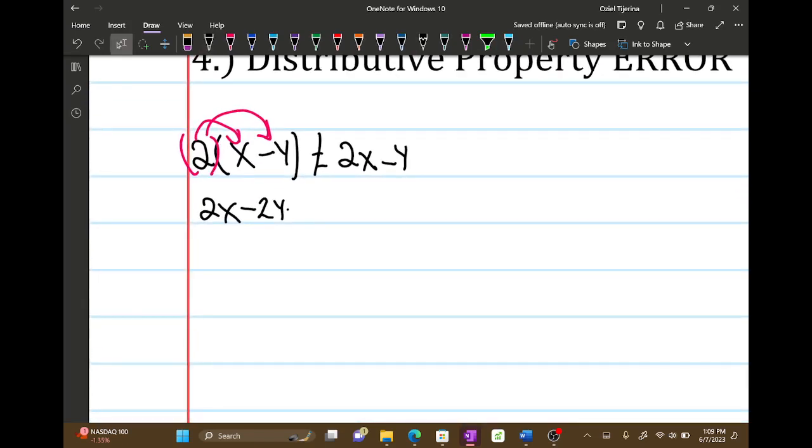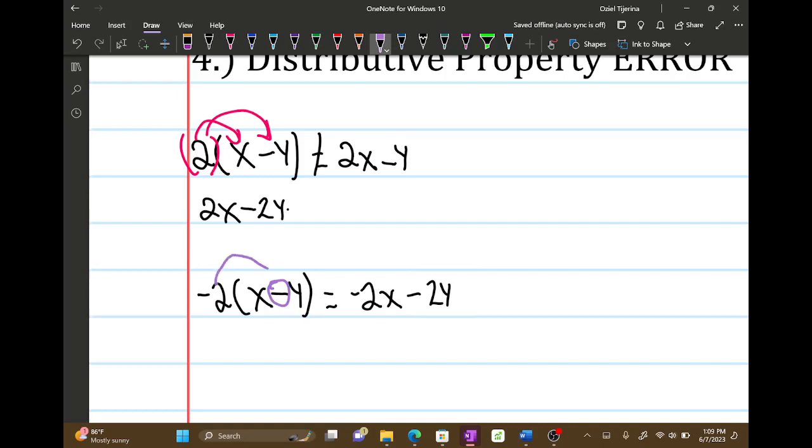And this kind of goes along also with the idea that when I say negative 2 times x minus y, students tend to forget and say negative 2x minus 2y. But if you look very carefully, there's a negative here, and when you distribute that negative 2 in here, that is going to become a positive. So we have to be careful with that because it's just so important. We cannot make that mistake.